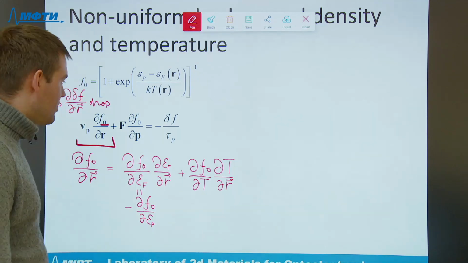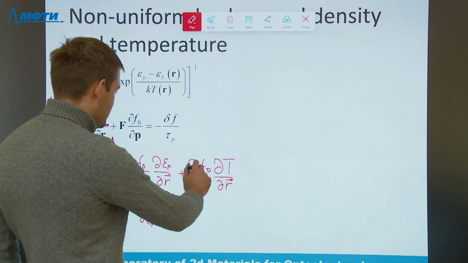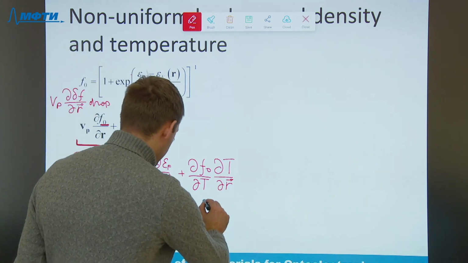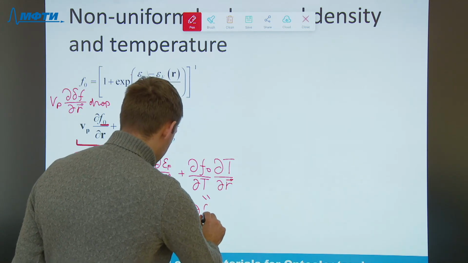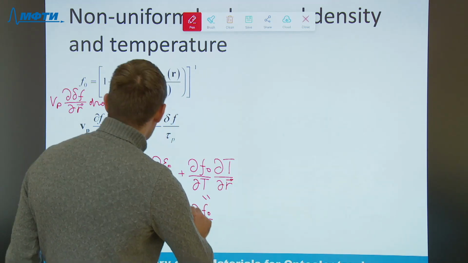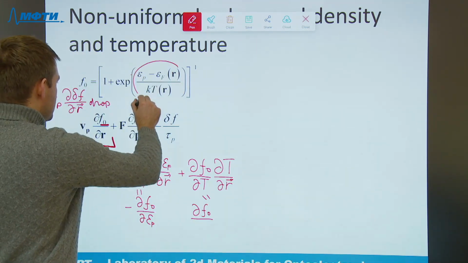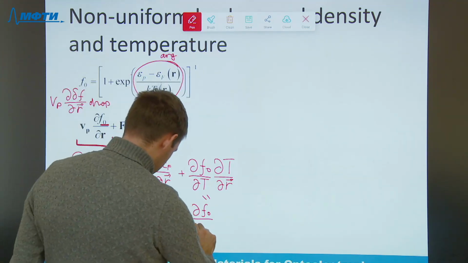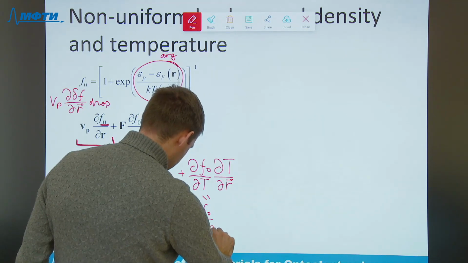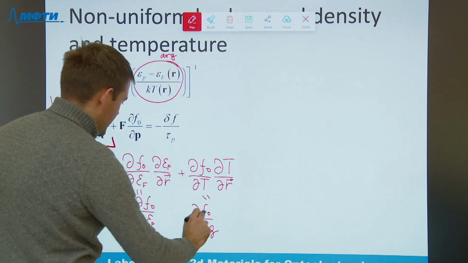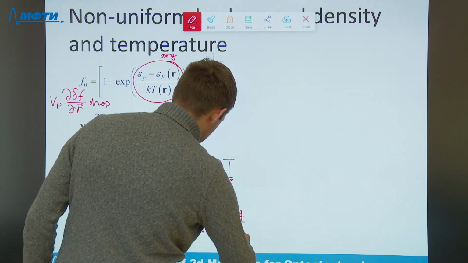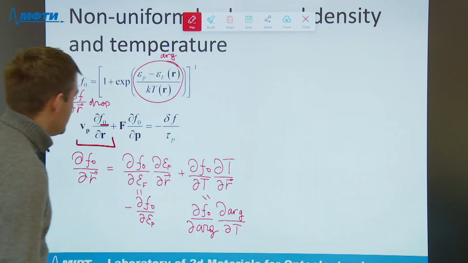The derivative of distribution function with respect to temperature can also be simplified. It can be written as derivative of distribution function with respect to its argument, I call it argument, multiplied by the derivative of the argument with respect to the temperature.